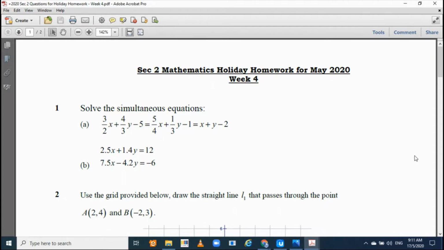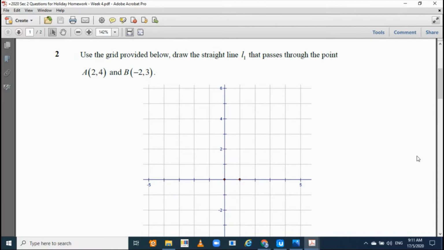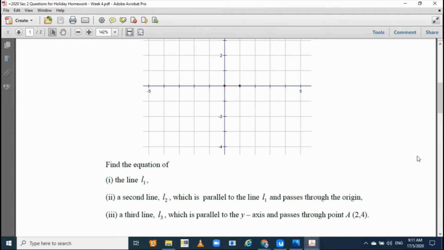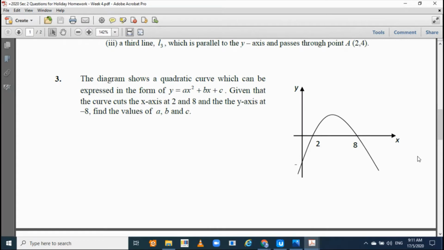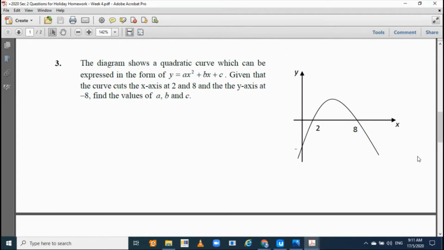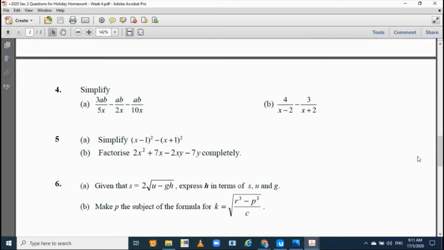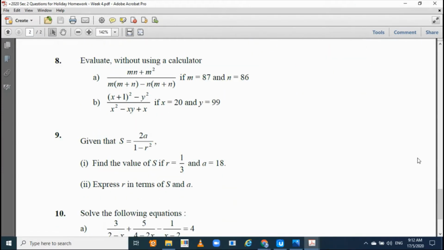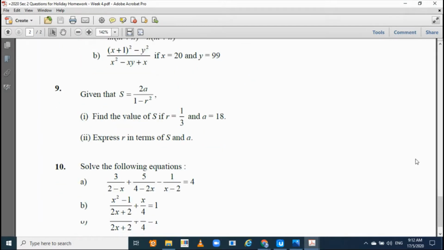Question 1, question 2, question 3, question 4, 5, 6, question 7, question 8, 9, and lastly question 10.